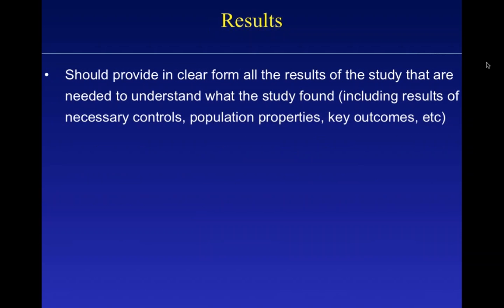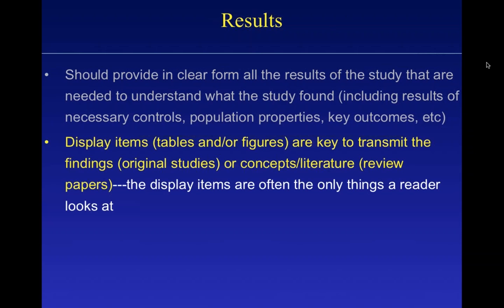The results should provide in clear form all the results of the study that are needed to understand what the study found, including the results of necessary controls, population properties, key outcomes, etc. Again, if the author needs 20 tables to present their results, and that will push them way beyond the word count limits, they have to choose which ones are the most important and put the other ones into an online supplement.